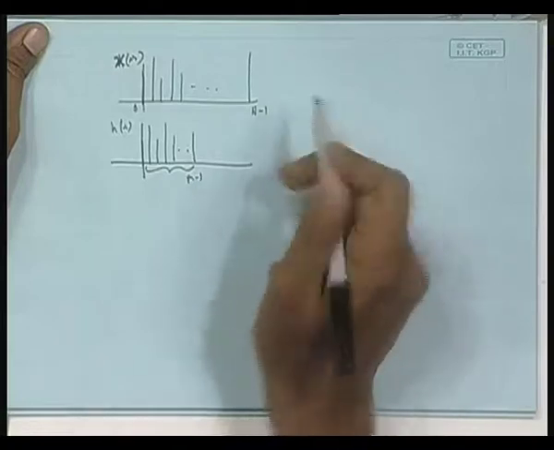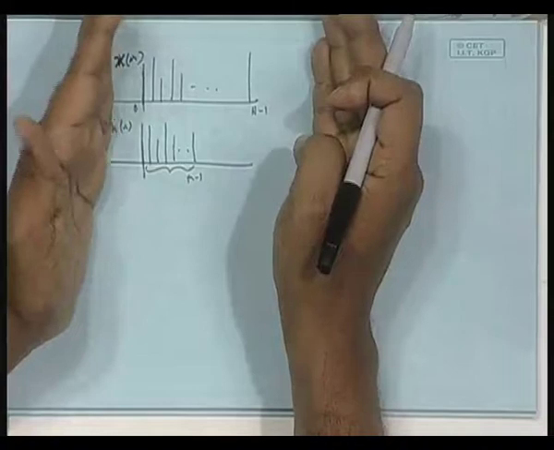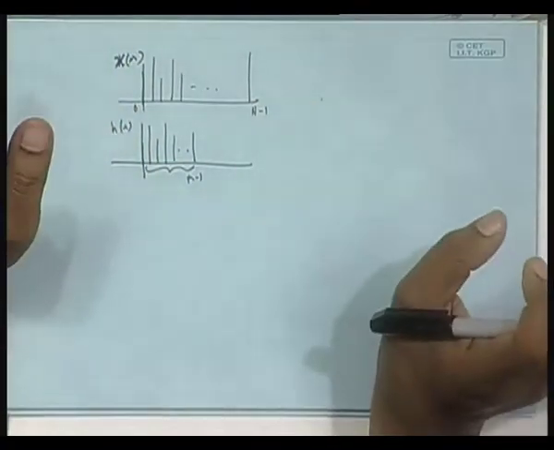What ideally should I do? I will add m minus 1 zeros here and n minus 1 zeros here, then make a bigger sequence, convolve. If I do the circular convolution, I will get the correct linear convolution result, fine.